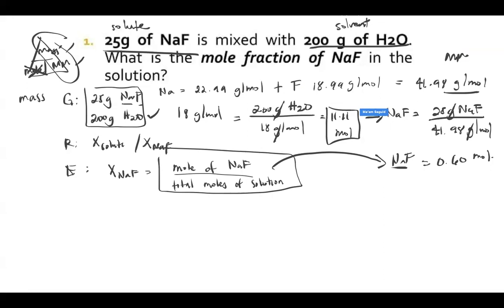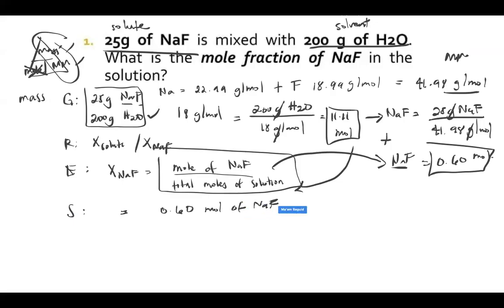So this one and this one will both go into the total moles, so you have to add them later on. Okay? Now, for our solution, we can directly substitute the values. So the mole fraction of NaF is equal to 0.60 mole of NaF divided by the total moles.